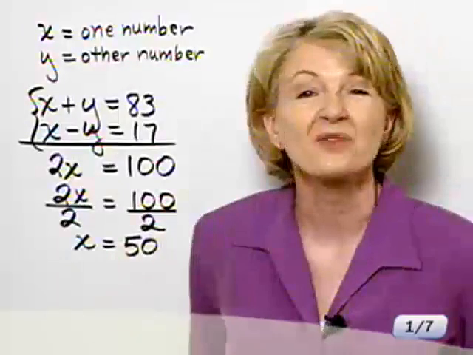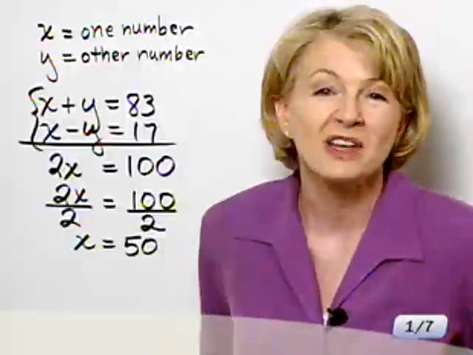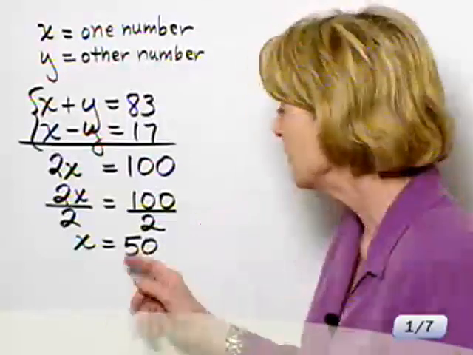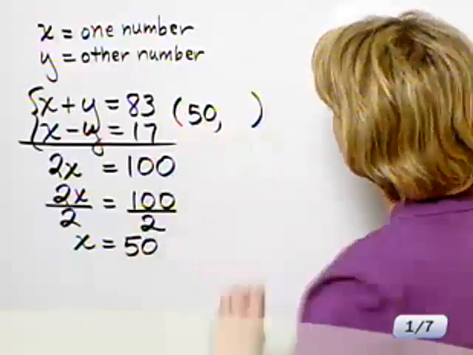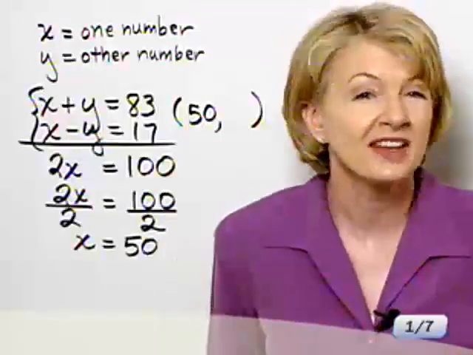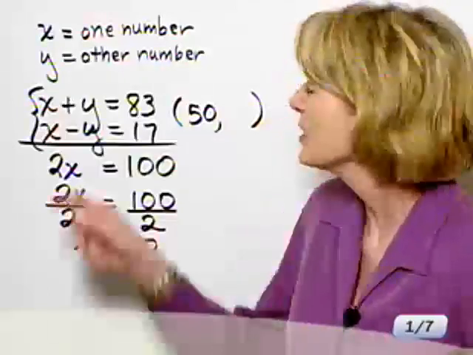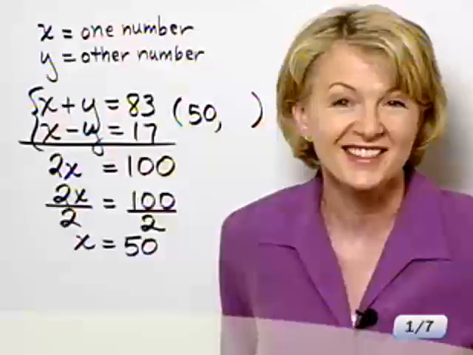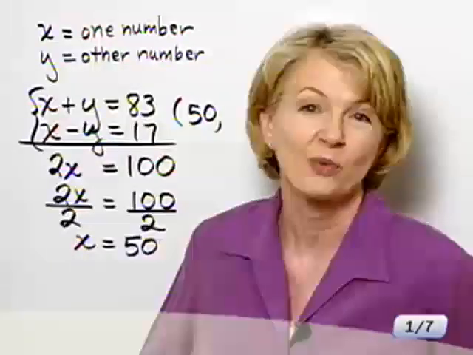So it appears that one number is 50. Now just think about a system of equations for one moment. If you have one number in the solution, how do you find the other number, the corresponding, in this case, y value? You choose an equation in the system, substitute 50 for x, and find y.